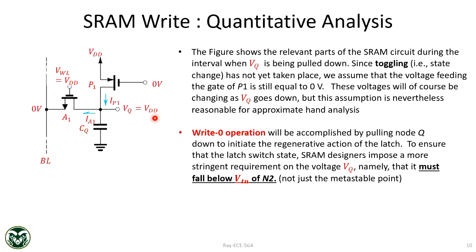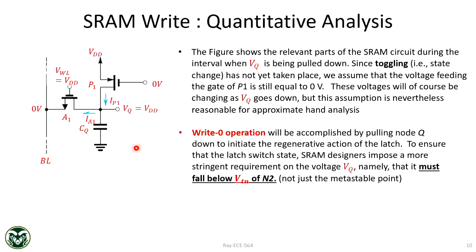Yes? Are we waiting for VN1 to be below the threshold voltage during this process? So VN1 is off already. Okay. So this is not taking part, right? Only P1 is on.